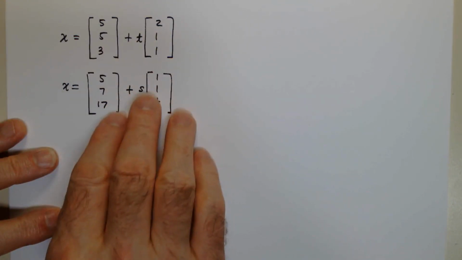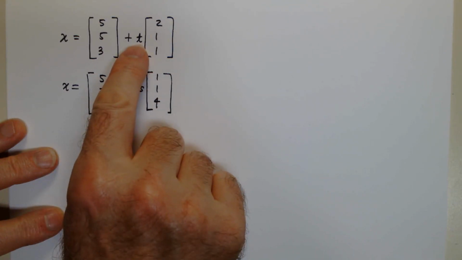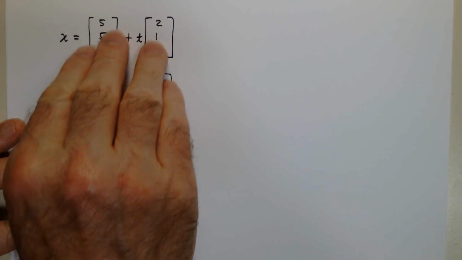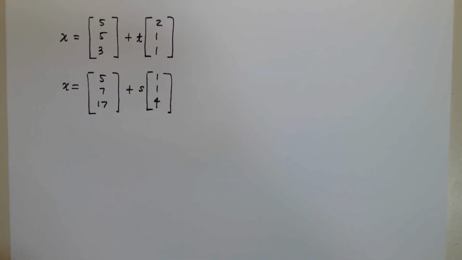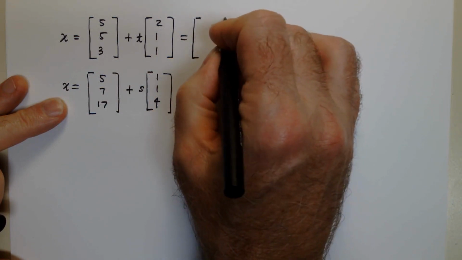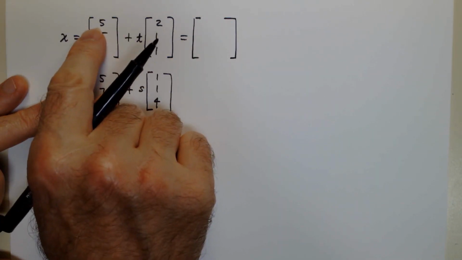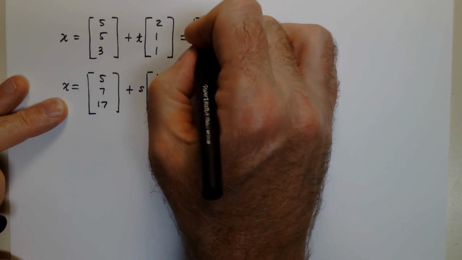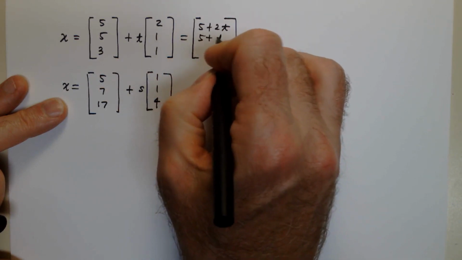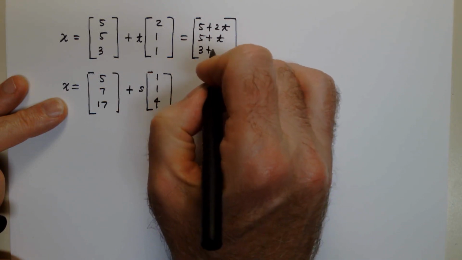If these lines did meet, that would mean that there's a value of t and there's a value of s that would make these vectors equal to each other. So let's write them out, let's combine these pieces. This is going to be 5 plus 2t, 5 plus t, and 3 plus t.